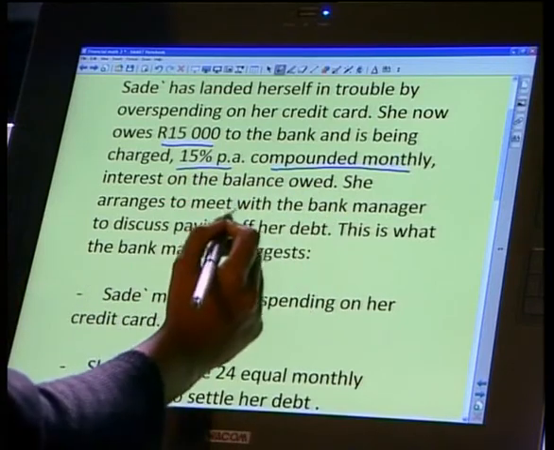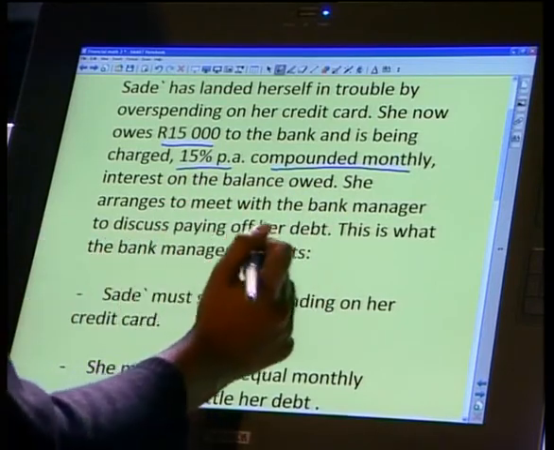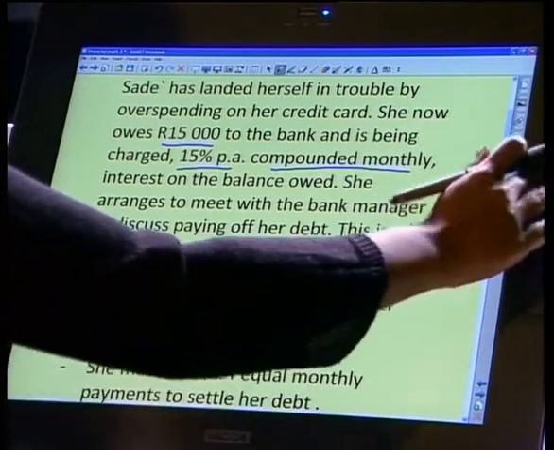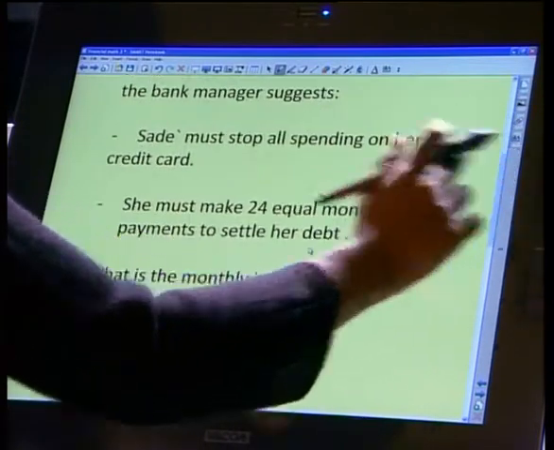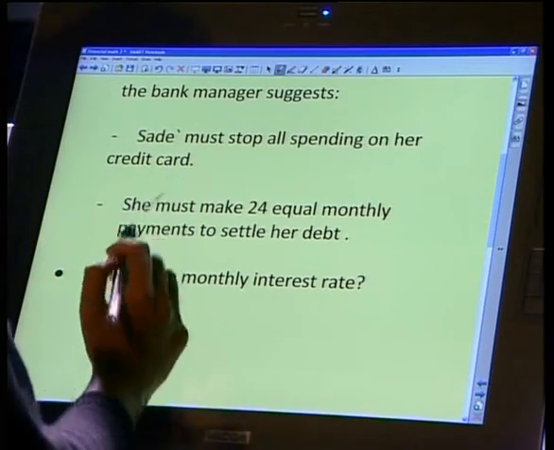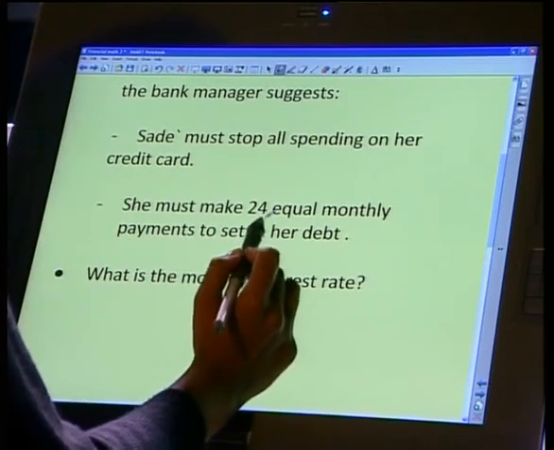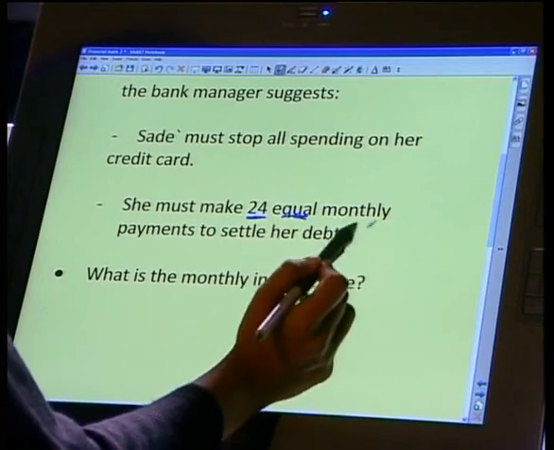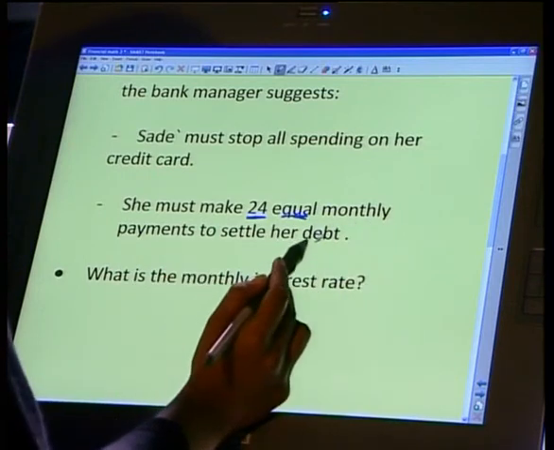She arranges to meet with the bank manager to discuss paying off her debt. And this is what he suggests. He says that Sade has to stop all spending on the credit card, and then she must also make 24 equal monthly payments to settle her debt.